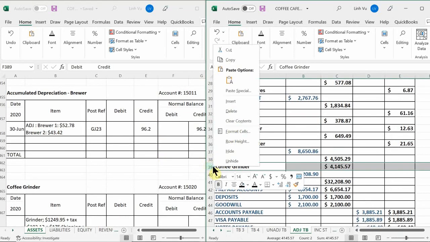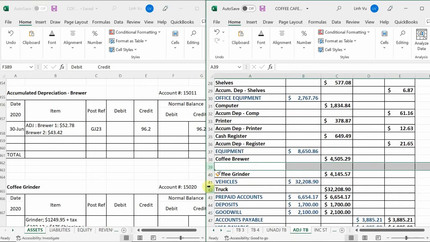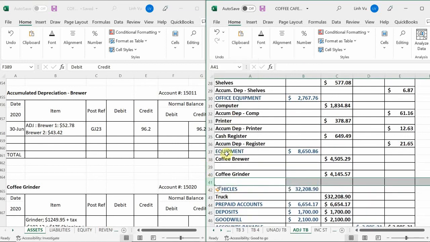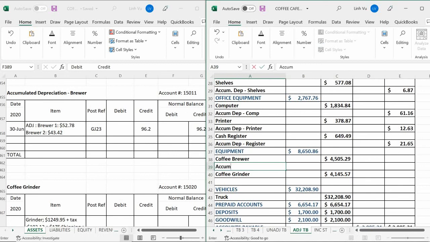Okay, so I had a accumulated depreciation of my brewers. And then I had an accumulated depreciation for my grinder. Okay. So let's see.